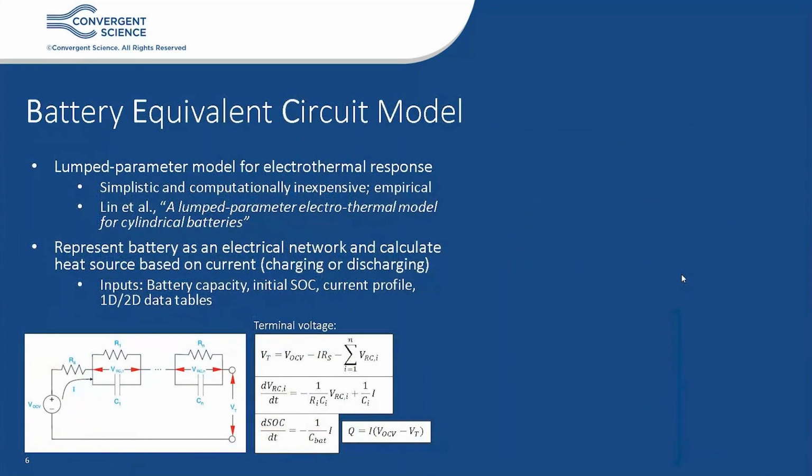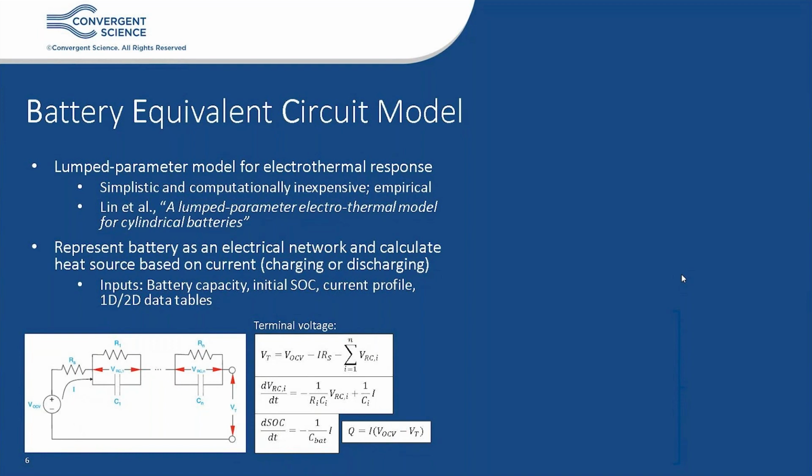Now, in order to evaluate your thermal management cooling design, you want to ensure that you correctly model or simulate the heat generation occurring inside the battery. You could use predictive models to include heat generation during the simulation inside your battery solid. One of the models we have for battery heat source is the battery equivalent circuit model, or the BEC model.